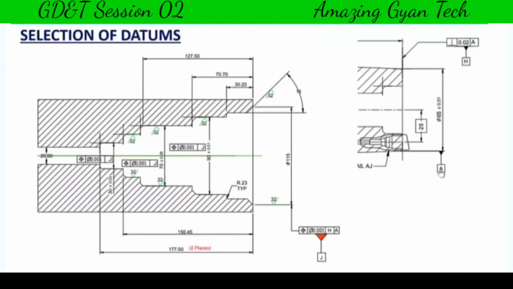H and A, they have connected here. H and A are taken into a feature control symbol, and the relationship is established here. In this drawing, this datum J is further used for the other features. You can see in two more locations they have related. So this is one way of representing the datums.